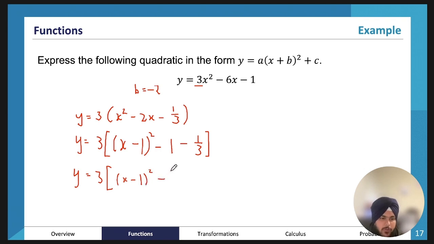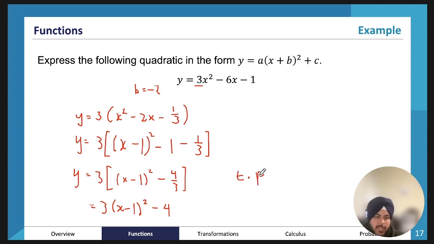Negative 1 minus 1 over 3 is actually going to be 4 over 3. So therefore, it will be 3(x minus 1) squared minus 4.